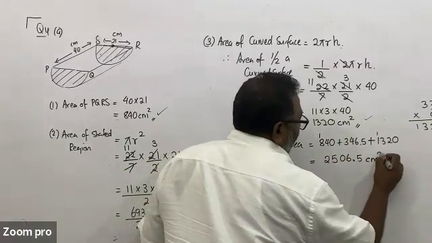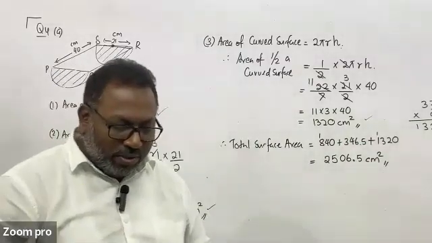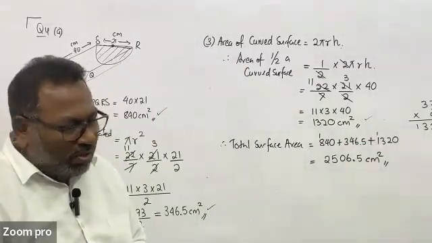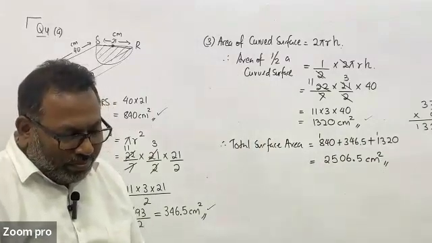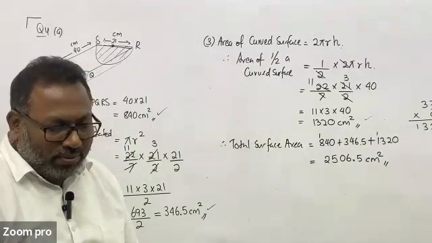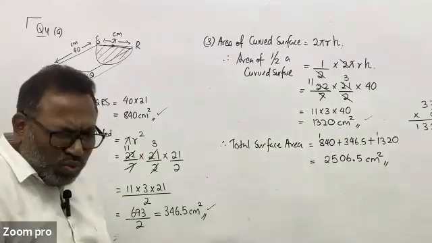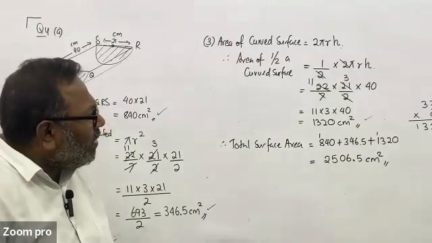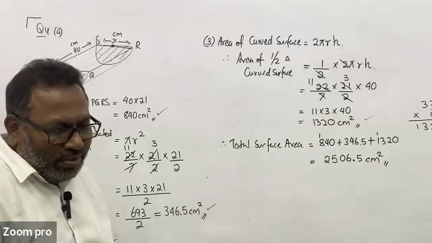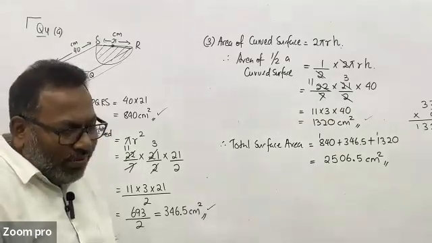You will have 2506.5 centimeters squared. Okay. Any questions? 2506.5 centimeters squared. All right. That's your total surface area.